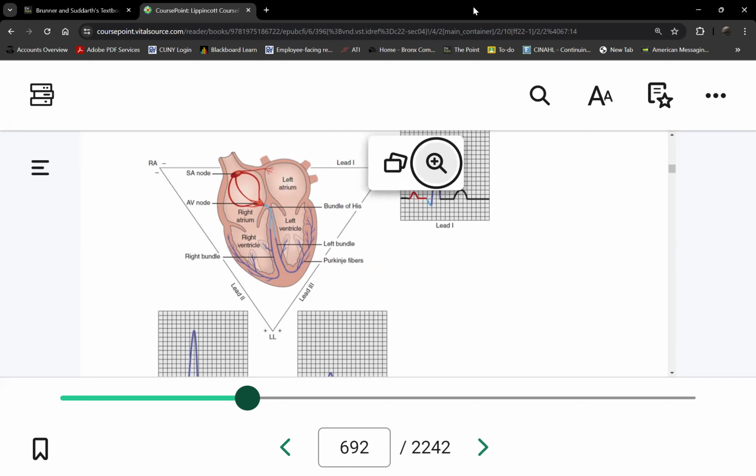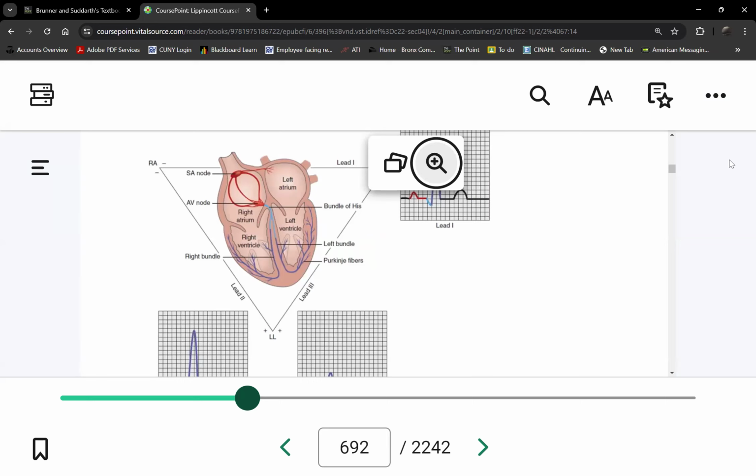So that means, yes, you have 10 leads, but because of that bipolar lead, it will give you 12 different views. Now, when we say 12 different views, that's a 360-degree view of the heart. So think of a 12-lead ECG as 12 different photographers taking a picture of the heart at different angles. You imagine that so far?